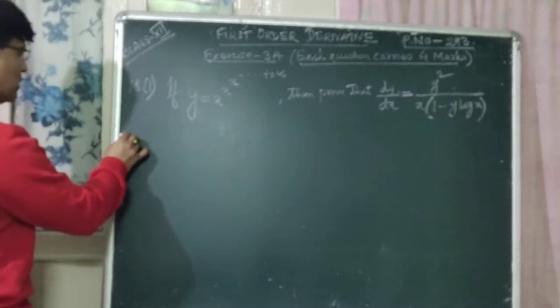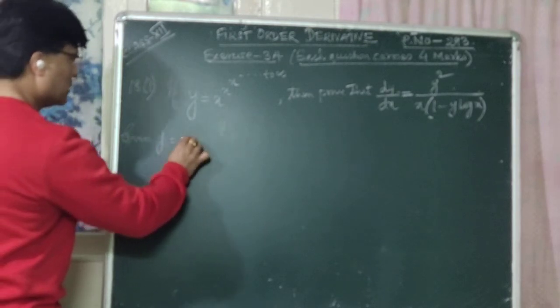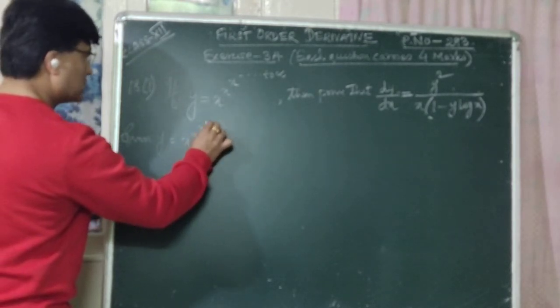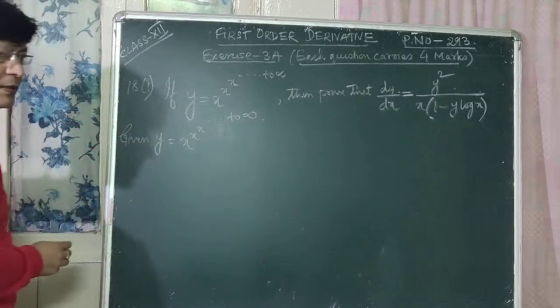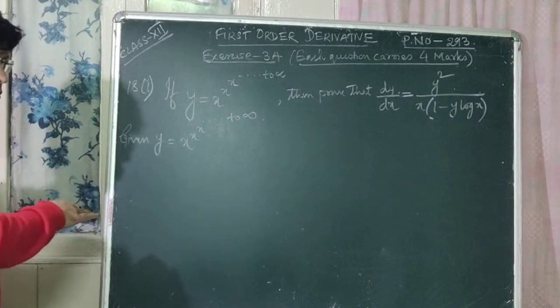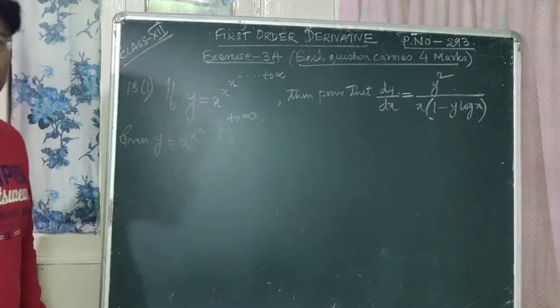So let us write down the given here. Given is y is equal to x to the power x, dot dot dot, it goes up to infinity. That is x to the power x, again power x, which never ends.